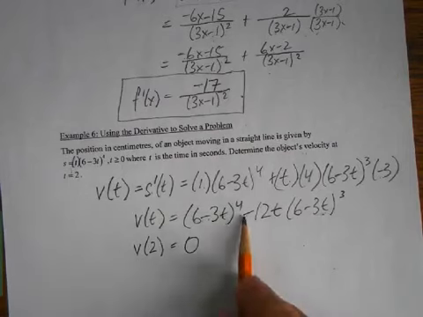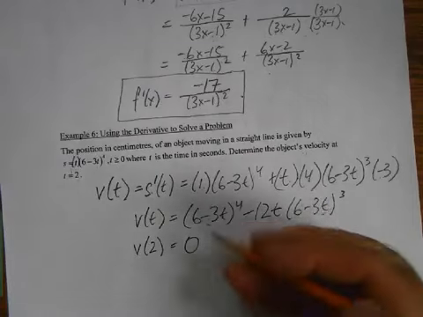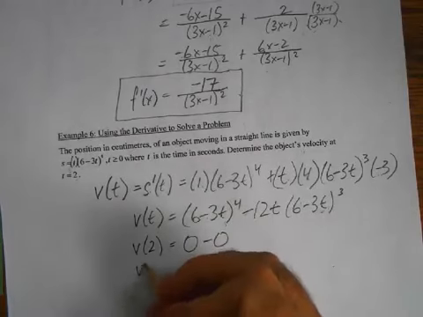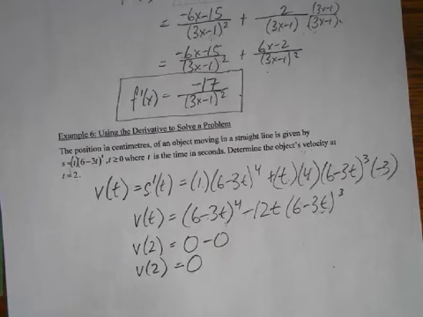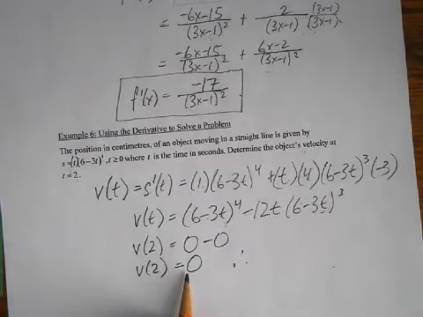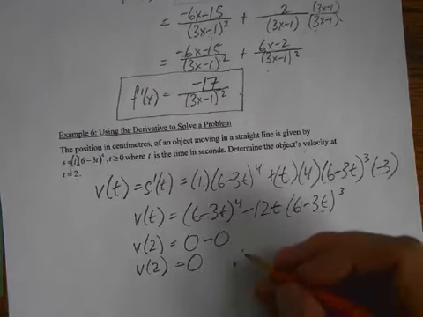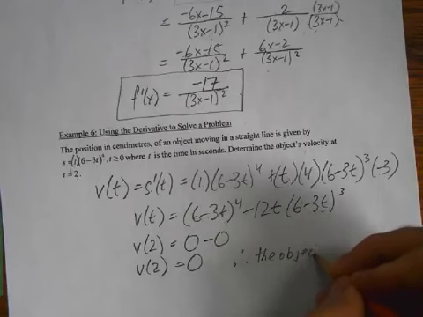Here I've got negative 24, but this thing is also going to be 0, 6 minus 3 times 2, so we have 0 minus 0. So the velocity at 2 seconds is 0. So in terms of velocity, the speed is 0, the direction is 0, the object is stopped at t equals 2.